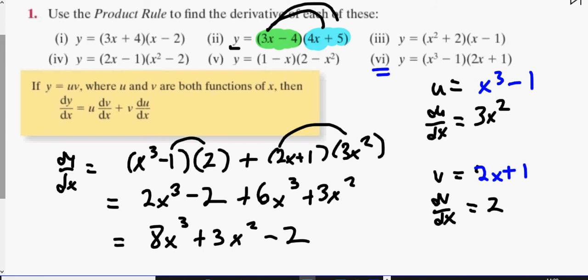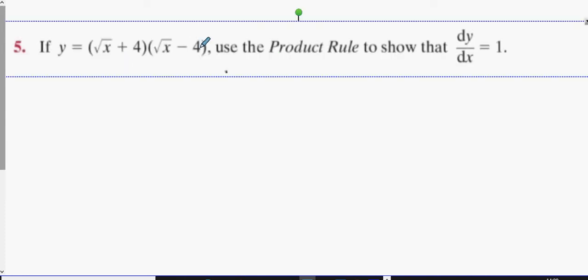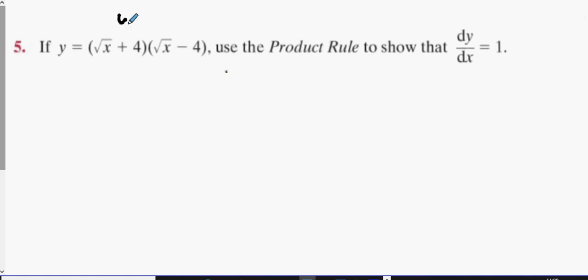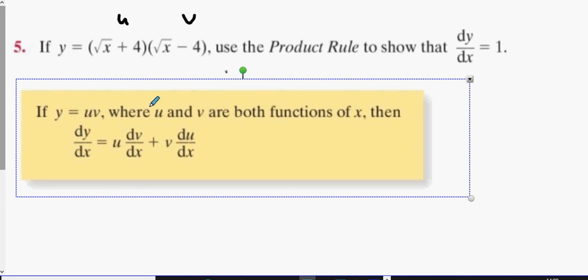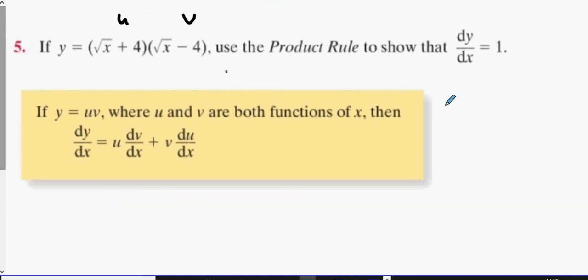Now, have a crack at number 5 yourself, okay? So we'll call this one u and call this one v, and we'll also use the product rule, and I'll write u as x to the power of a half plus 4. v is x to the power of a half minus 4.